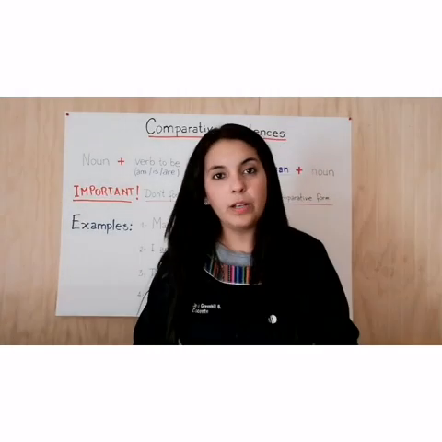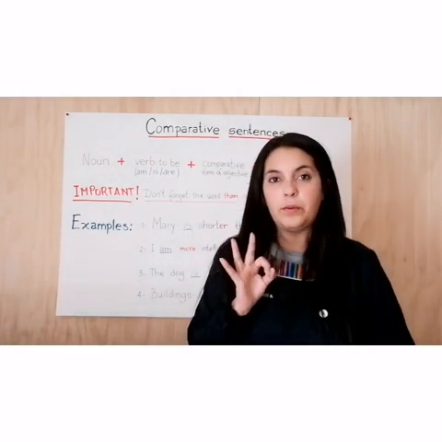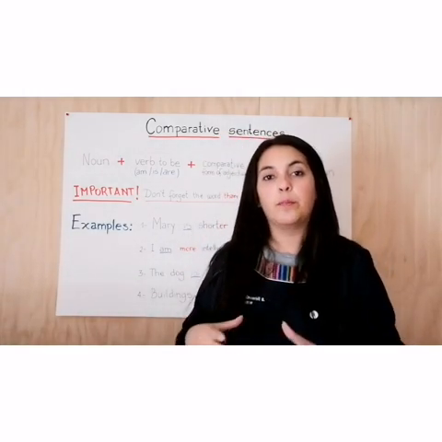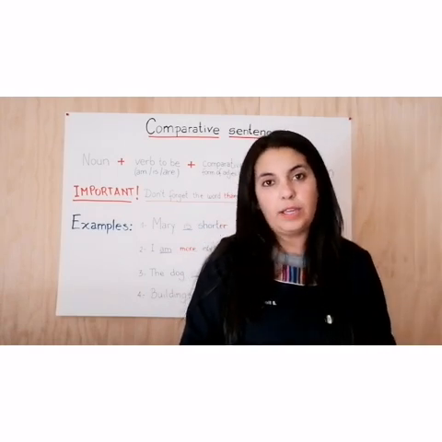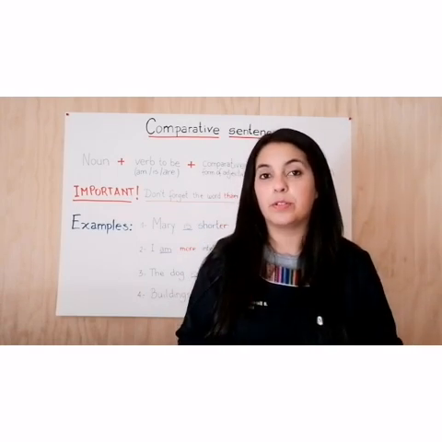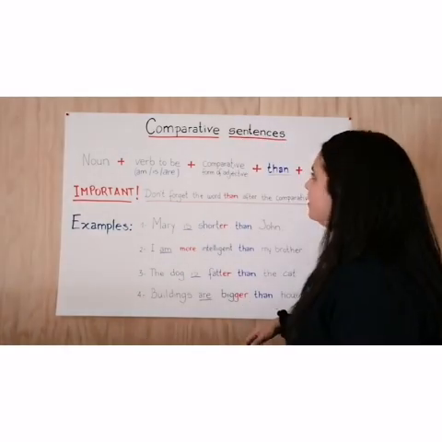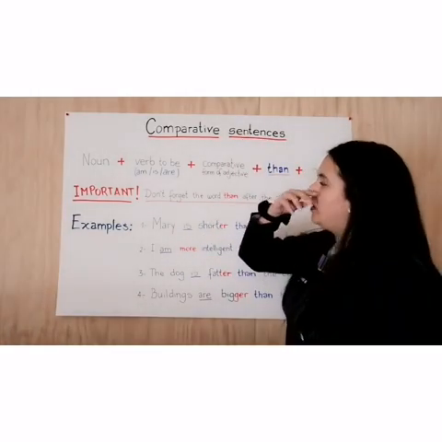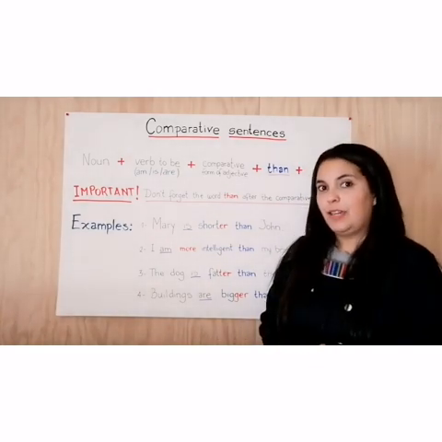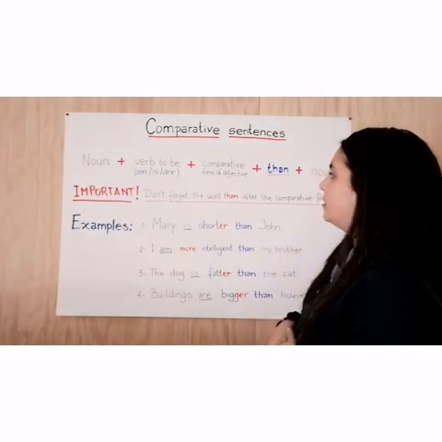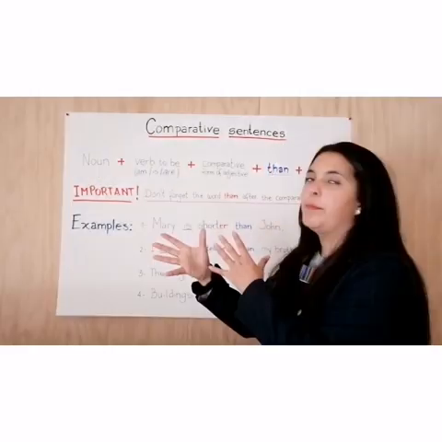So we learned the 3 main rules to transform positive adjectives into comparative form. That is very important to remember. But now we have to learn how to write a comparative sentence. This is like a formula.